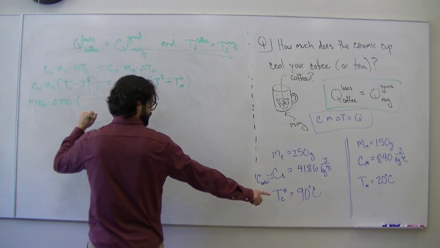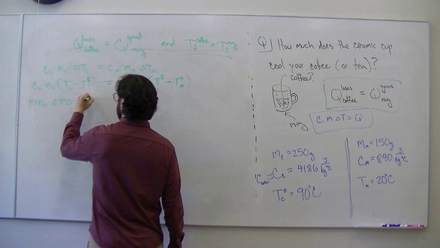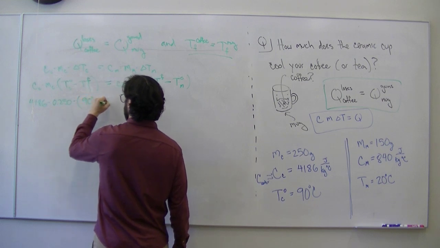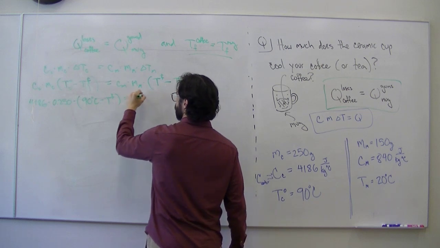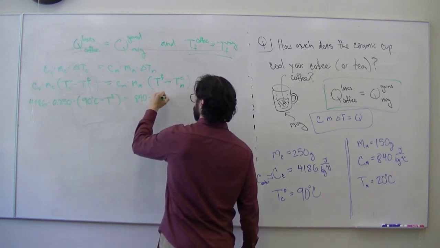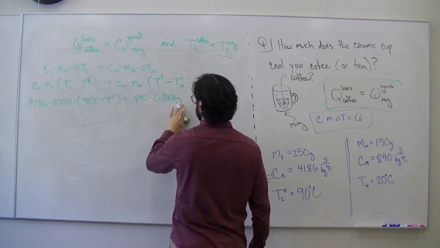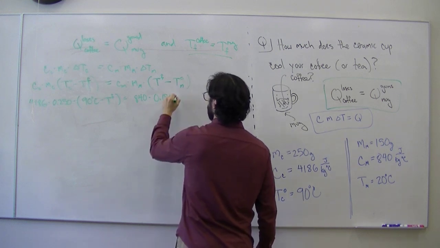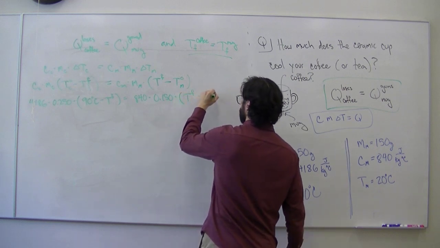So we're going to have this be, we start at 90 degrees Celsius, we end at TF, and then we have 840, 150, 0.150 kilograms. And then TF, we still don't know, and then this starts at 20 degrees Celsius.